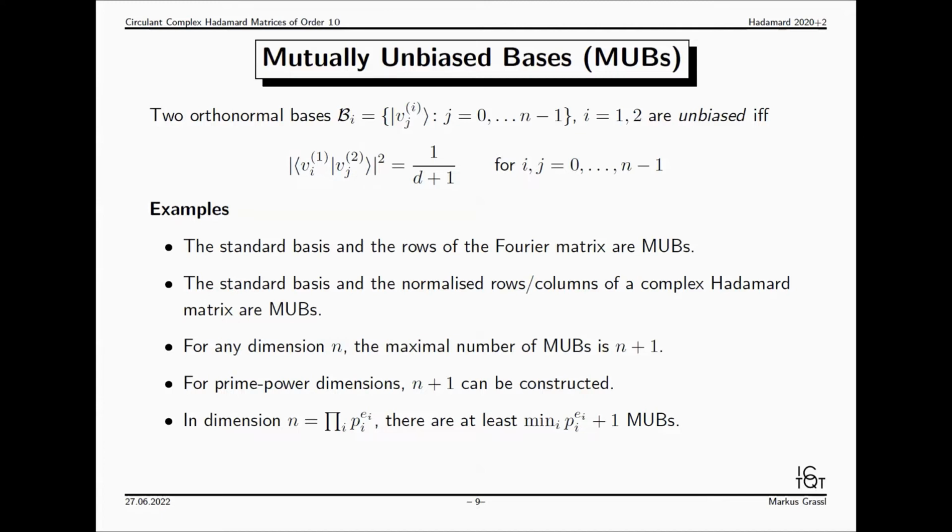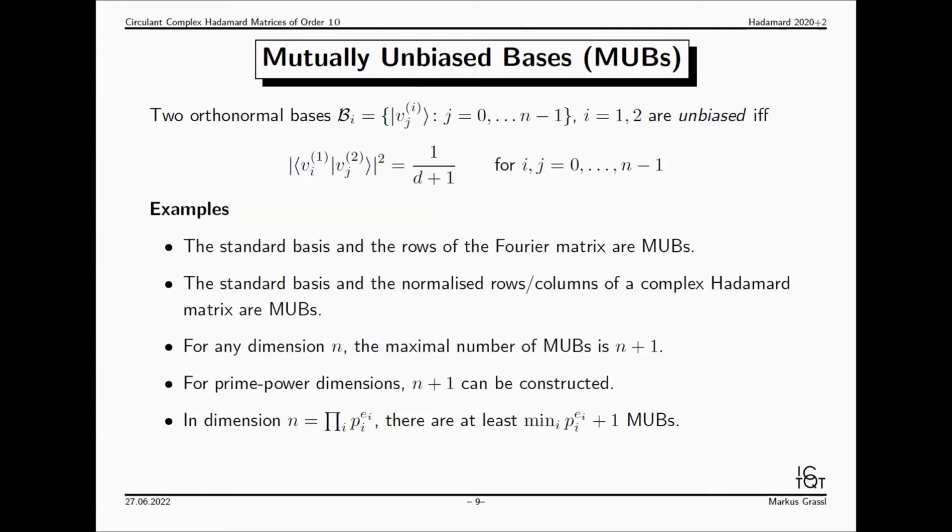And what we want is if we take the inner product of vectors coming from two different bases, then the squared overlap between them should be 1 over n plus 1. So yes, I'm mixing n and d here. It should be n in this case.